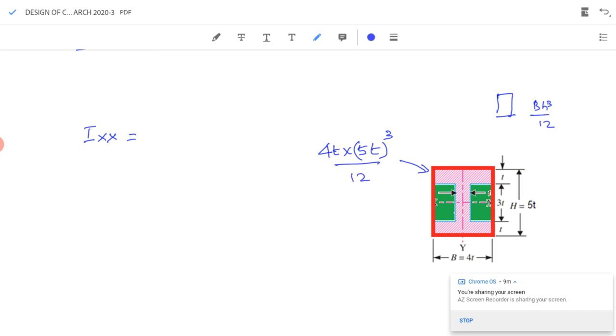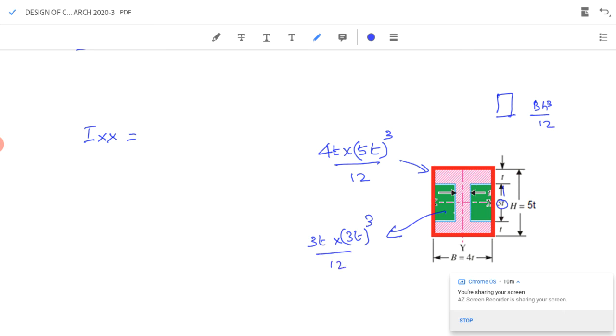This is the full red rectangle, full area. Now we have to subtract these green areas. What will be the base of these green rectangles? Its base will be 4t minus t, that is 3t, and its height is 3t. So 3t into 3t whole cube by 12.